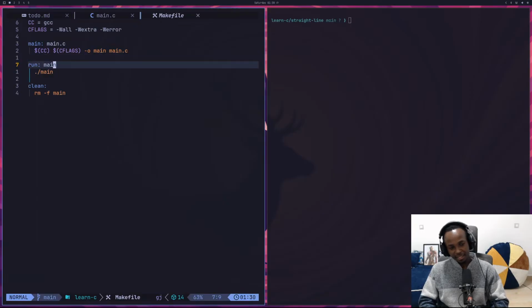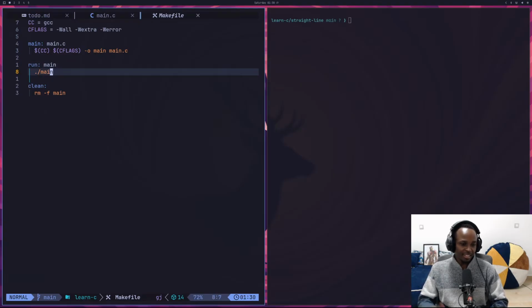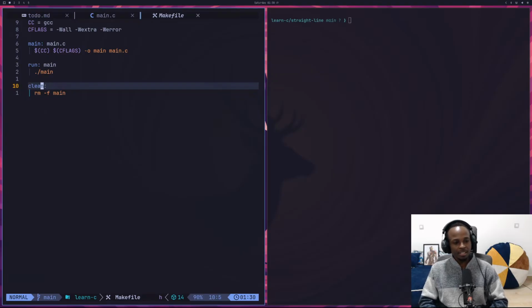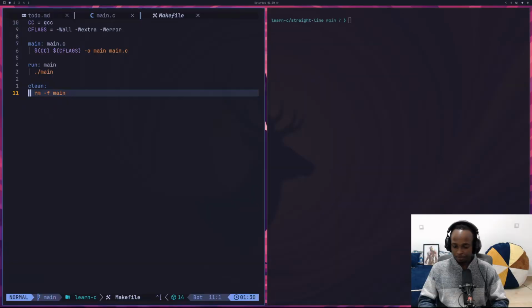And then here I have another task called run, which depends on main. So we are saying if anything changed on the task in main, I want you to rerun main before running this current line 7. And then it just runs the executable. And finally we have a task for cleaning, which basically removes the main binary.